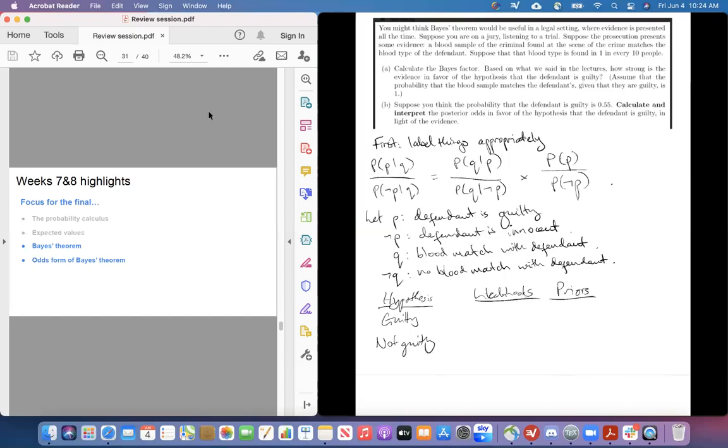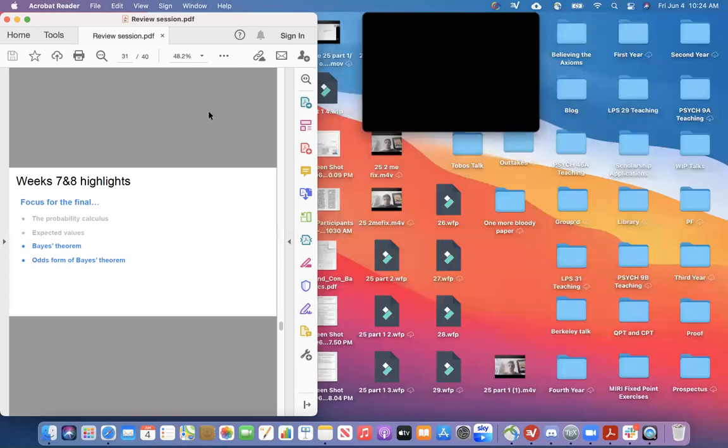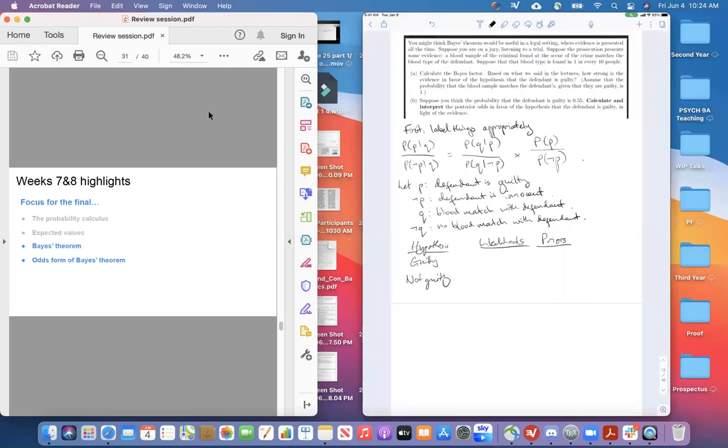And so what the likelihoods are asking for, and this is where a lot of people kind of went wrong with this question. I'm just going to unplug this and put it back in because it's lagging a lot. We're back.